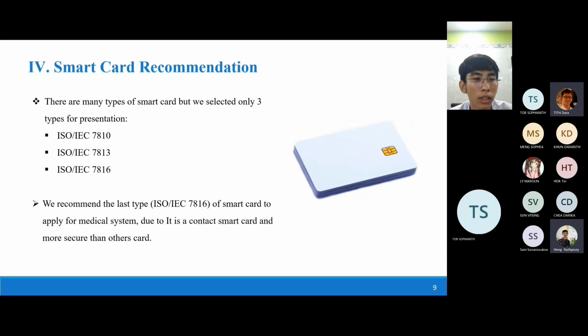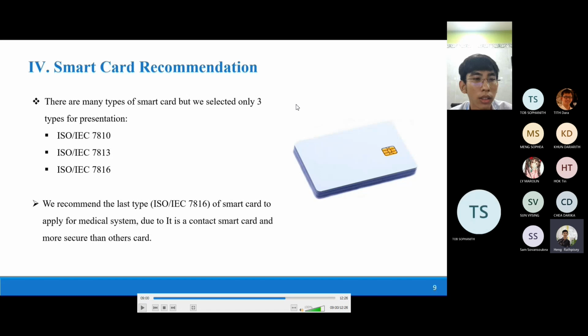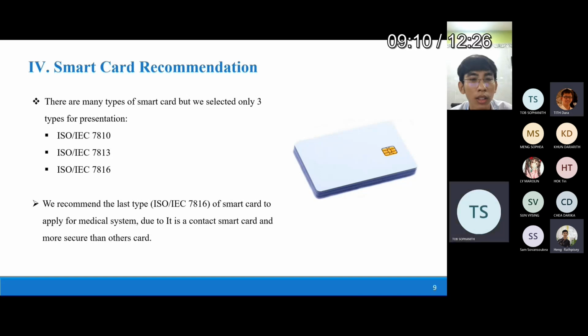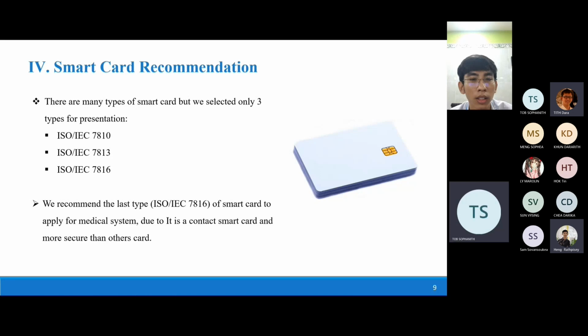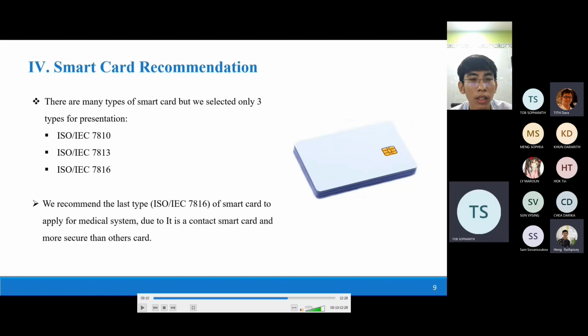So reflecting on the first answer, we work on cryptography, private key and public key, so we use 7816. Okay, I see. I think we can move to the second person because maybe it's hard for Pandit to answer. Thank you.